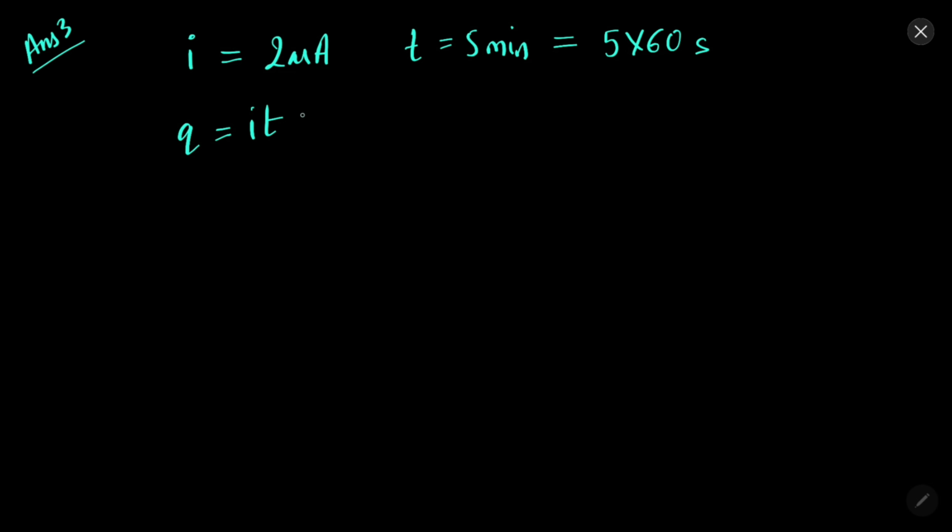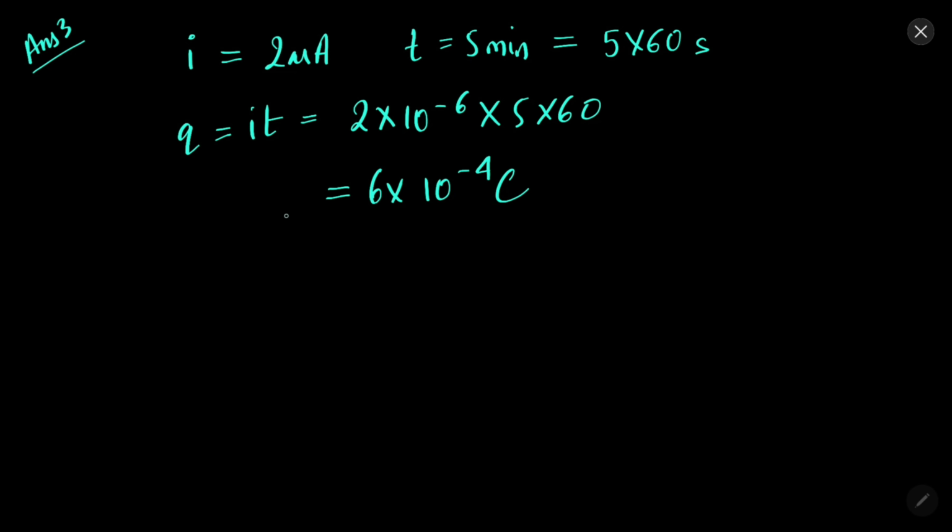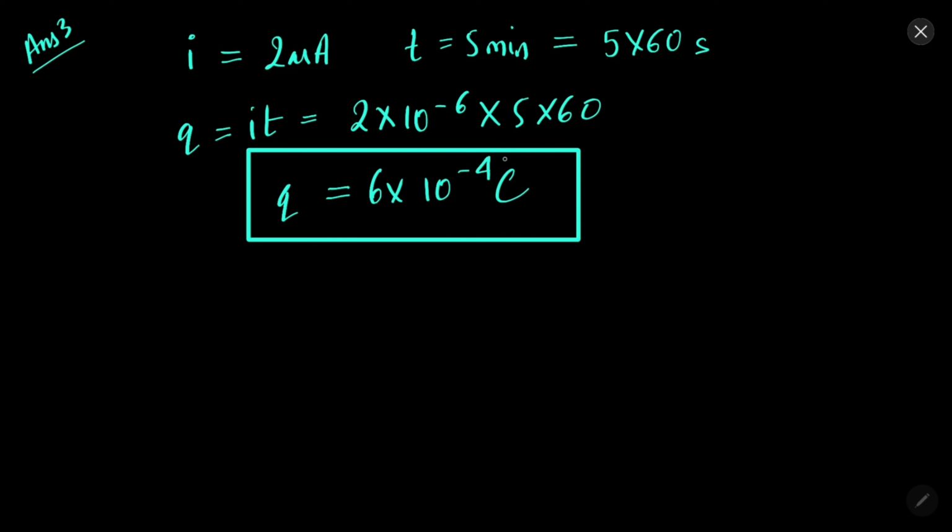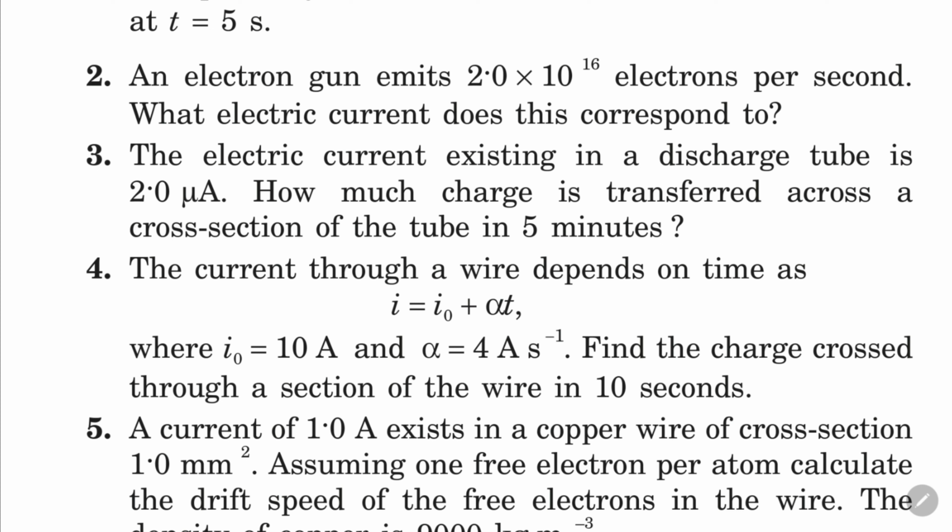Charge will be current into time, 2 into 10 to the power minus 6 into 5 into 60, which will give us 6 into 10 to the power minus 4 coulombs. This will be the charge.